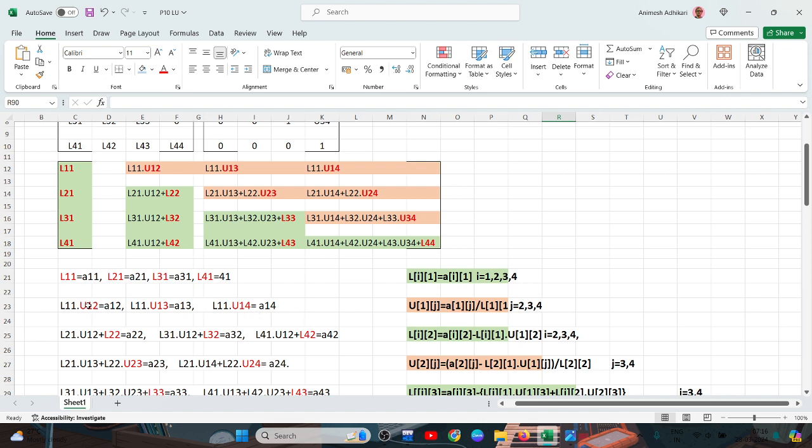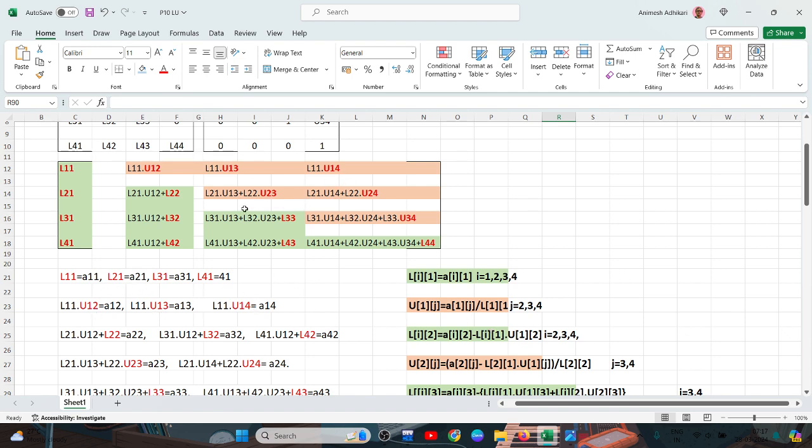So U12 equal to A12 by L11, U13 equal to A13 by L11, and compactly we write U1j equal to A1j by L11, where j runs from 2, 3, 4. When j equal to 2 we get U12, j equal to 3 we get U13, j equal to 4 we get U14.